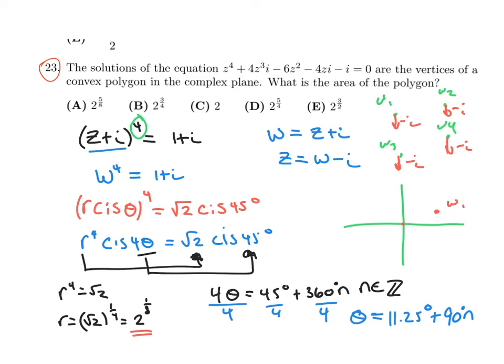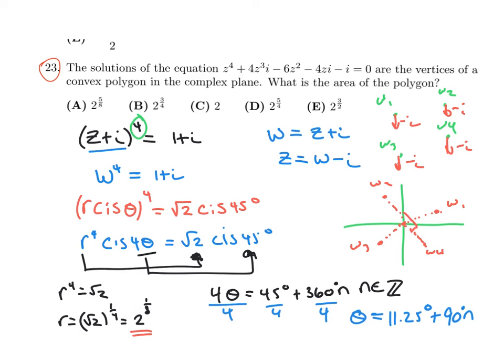The next one is when you add 90 degrees, which brings you somewhere over here, but the key idea is that that's a right angle, right? And similarly, when you add the next one, you can get the third answer, and then the fourth one will be over here.